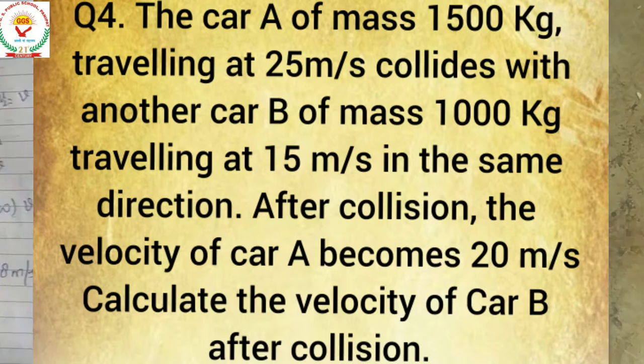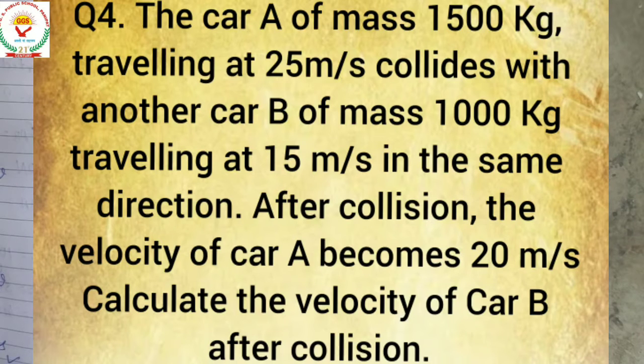Let's do question number 4. A car A of mass 1500 kg traveling at 25 meter per second collides with another car B of mass 1000 kg traveling at 15 meter per second in the same direction. After collision, the velocity of car A becomes 20 meter per second. Calculate the velocity of car B after collision.